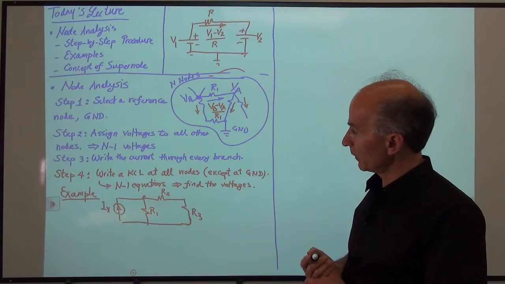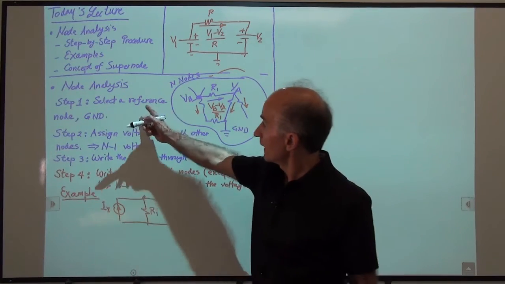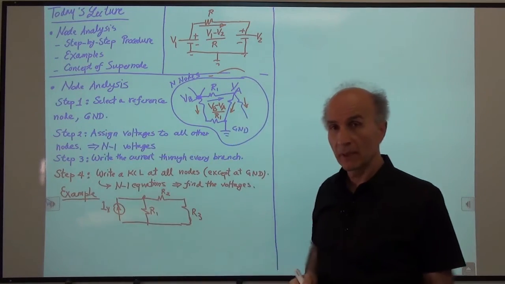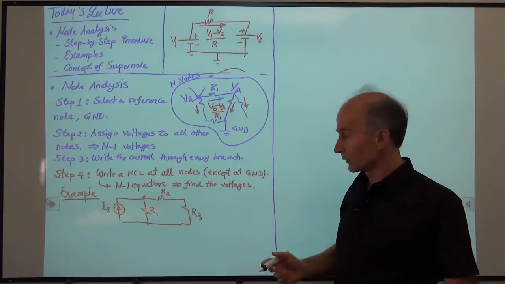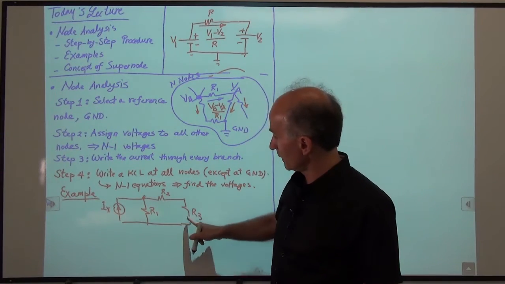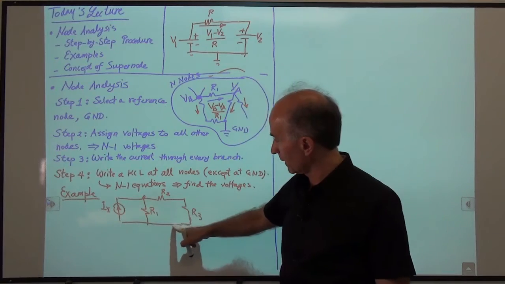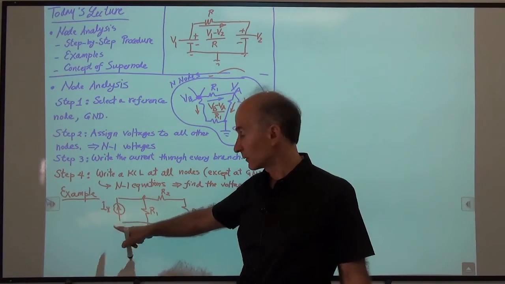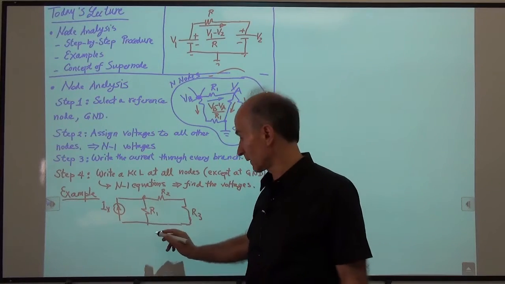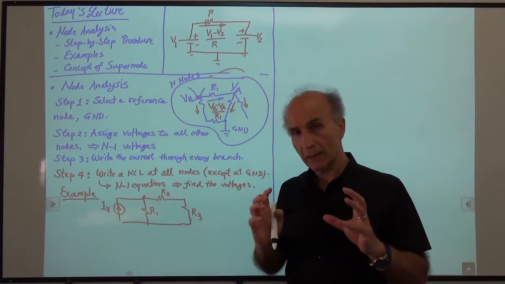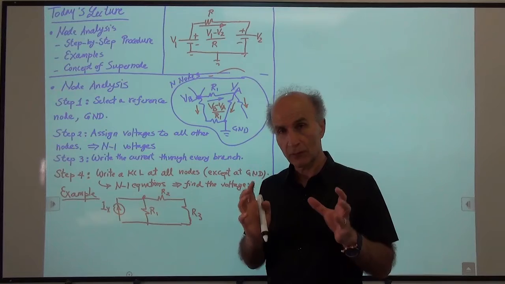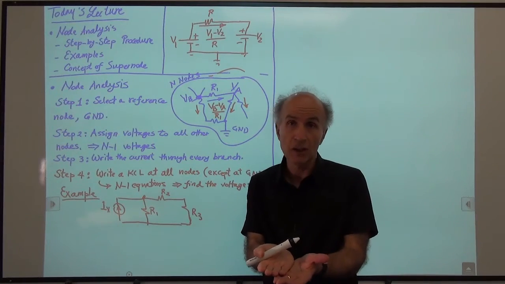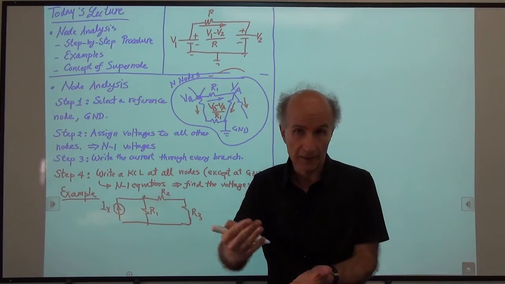Well, let's go ahead and select a reference node. Where should that be? Any node will do. Maybe this node. You see, this piece of wire connects three terminals. That's sort of the most crowded node. This is also the same, but why don't we pick this one? Graphically speaking, we would like the ground node to be on the bottom of the page because it helps us visualize things.